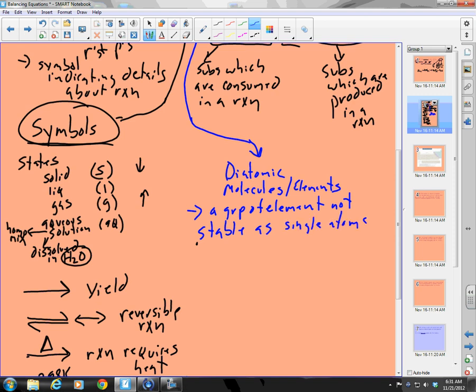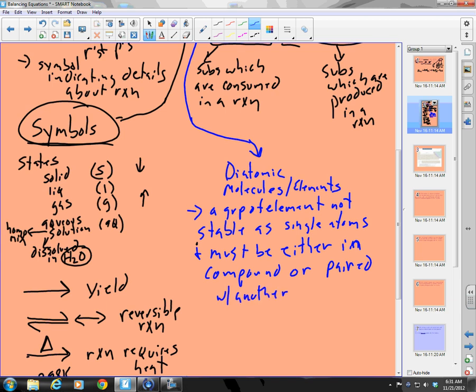Okay, there's a group of these. And must be either in a compound or paired with another element, another of its atoms.